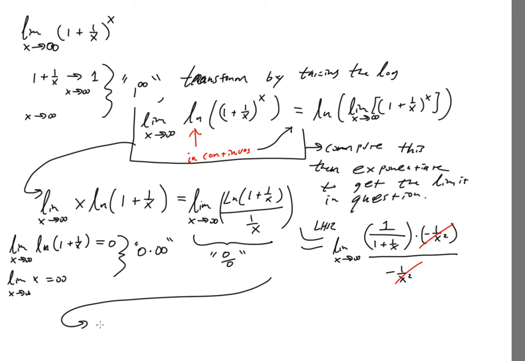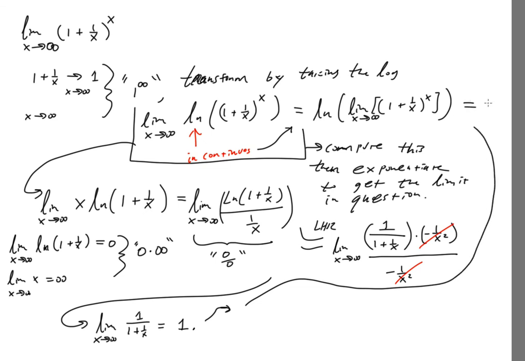To finish up the calculation, we're going to have 1 over 1 plus 1 over x, and that's clearly going to be equal to 1. Now let's recall the limit of the problem in question is not 1. That is the limit of the log of what we wanted. So what we've actually determined is that this is equal to 1.